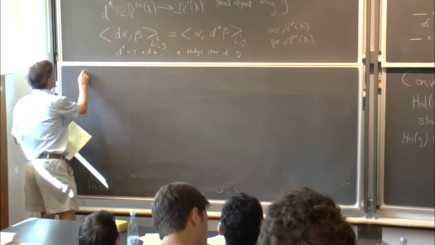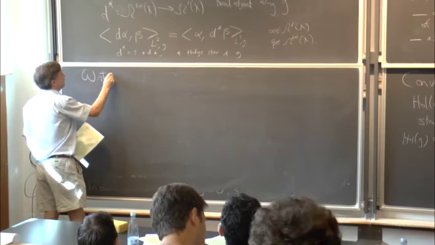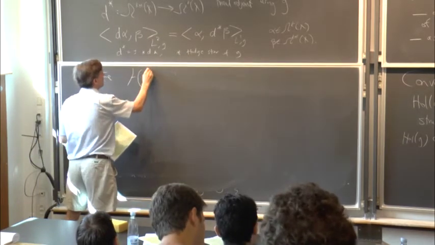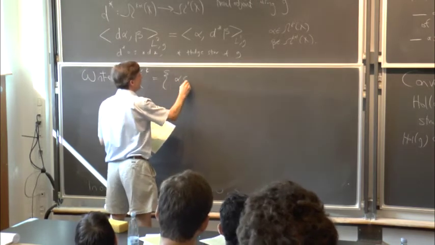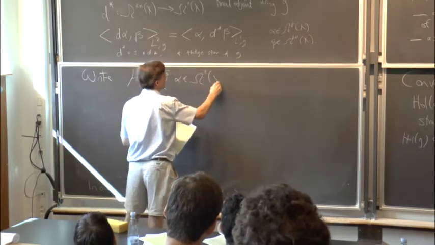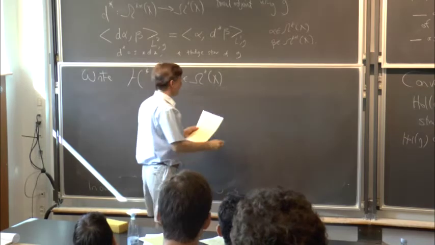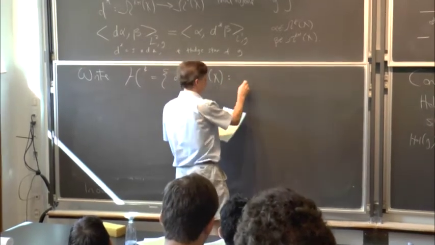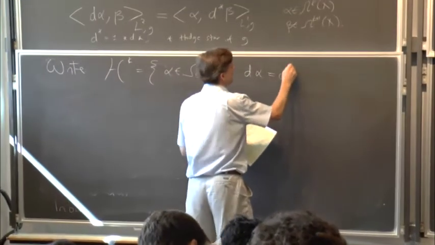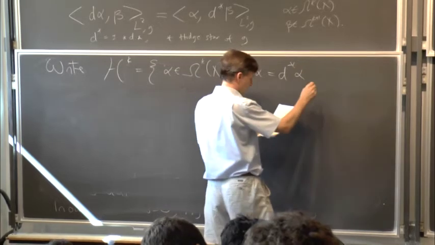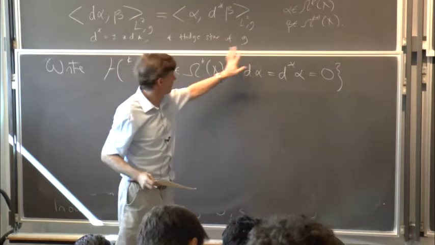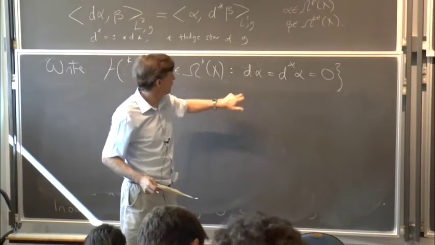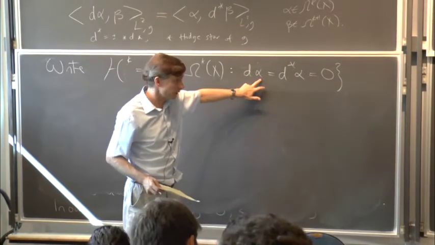So now let's write curly H^k for the vector space of α in Ω^k(X) such that dα = 0 and d*α = 0. Forms α satisfying this are called harmonic.